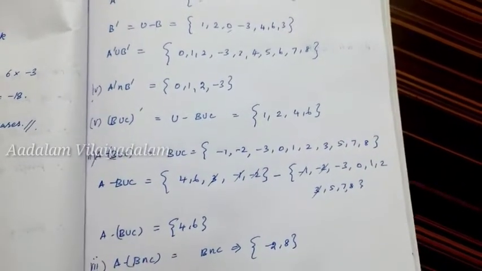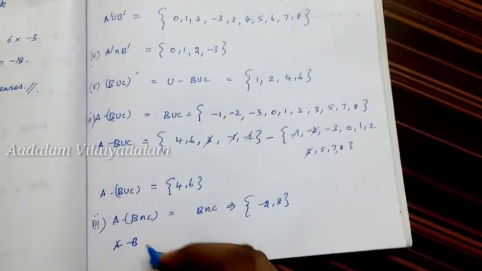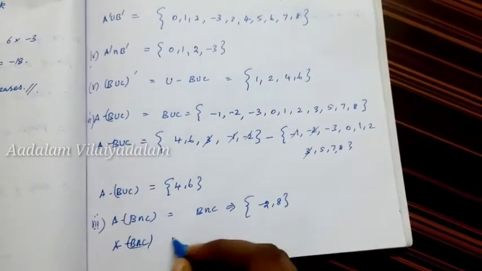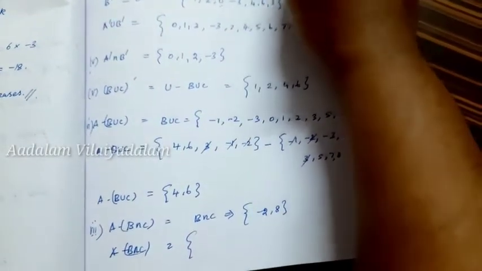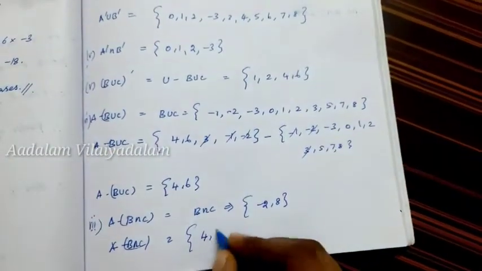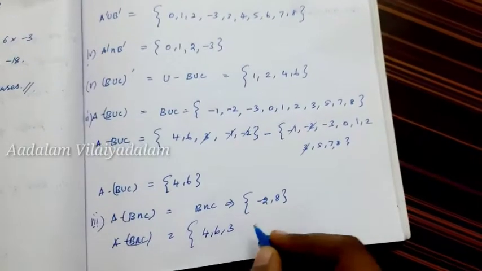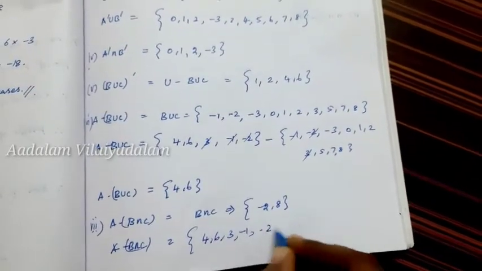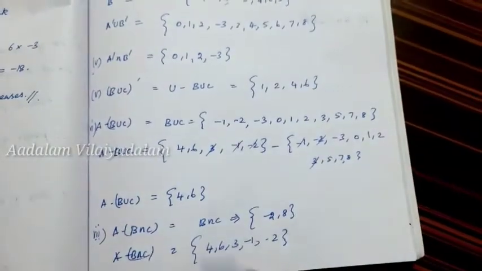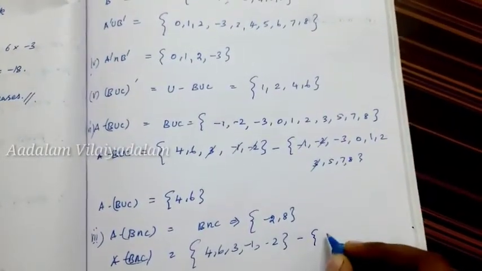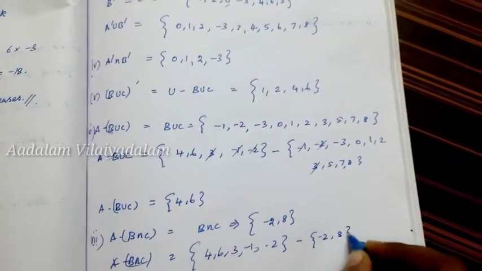Therefore, A minus B intersection C. Write the set A: 4, 6, 3, minus 1, minus 2. The next value is B intersection C: minus 2 and 8.